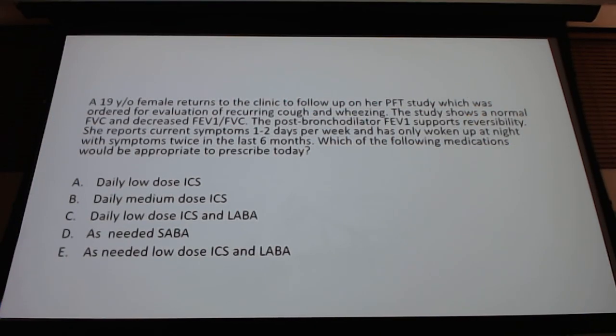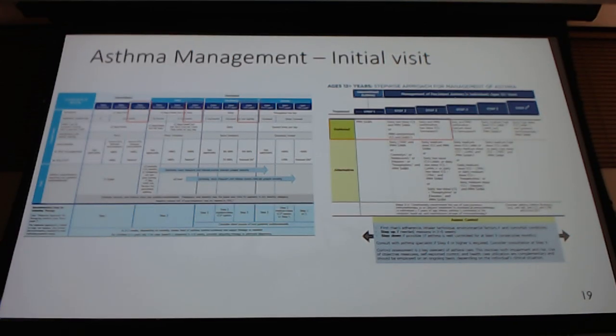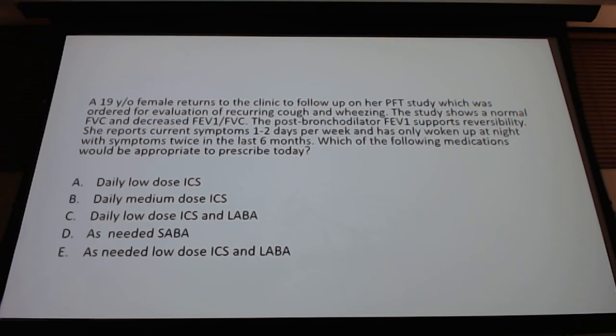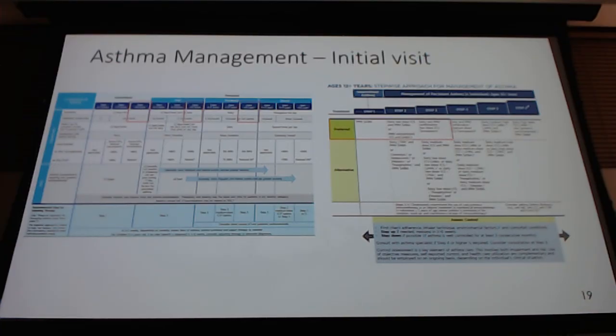So we said she had twice in the last 6 months woken up and 1 to 2 days per week. 1 to 2 days is over here, right? Less than 2 days per week, and twice in the last 6 months. So is that less than or equal to 2 per month? Yes. I think that was the trick one. So just make sure you're not second guessing that.